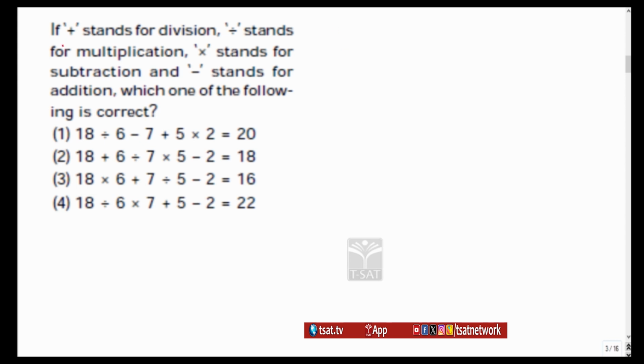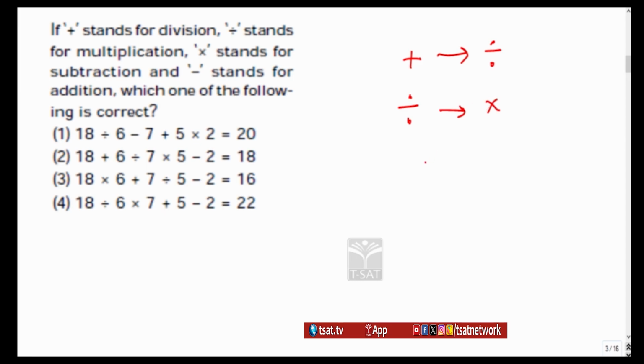Because see here, if plus stands for division, you have to interchange these positions. Wherever you see this plus symbol, you have to now apply division. In the same way, division stands for multiplication. So wherever you see the division symbol, in the place of this symbol, you have to multiply.